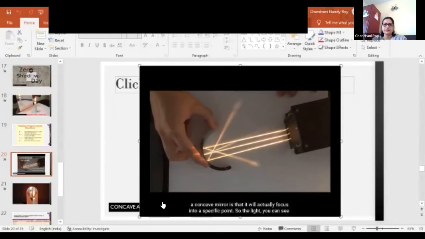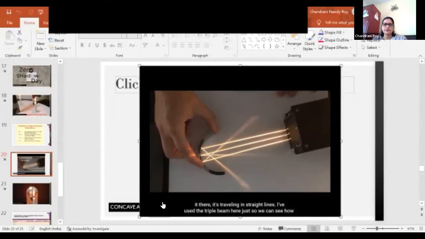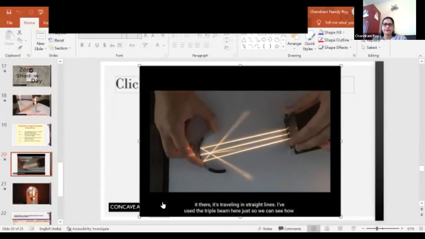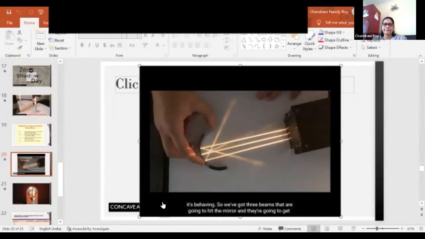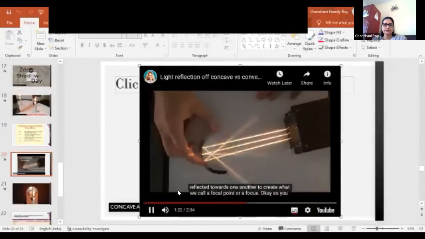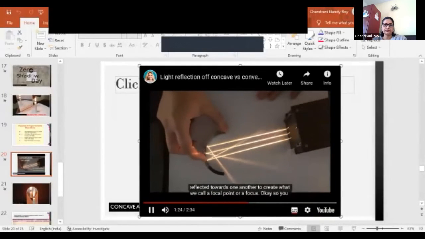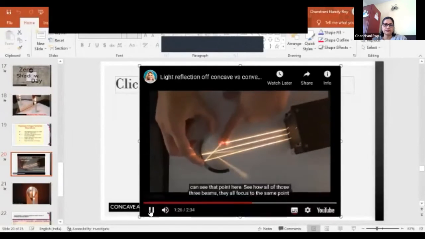So the light, you can see it there, it's traveling in straight lines. I've used the triple beam here just so we can see how it's behaving. So we've got 3 beams that are going to hit the mirror, and they're going to get reflected towards one another to create what we call a focal point or a focus. Okay, so you can see that point here.